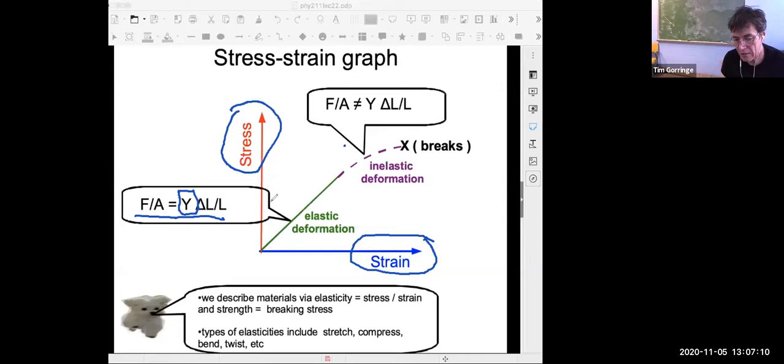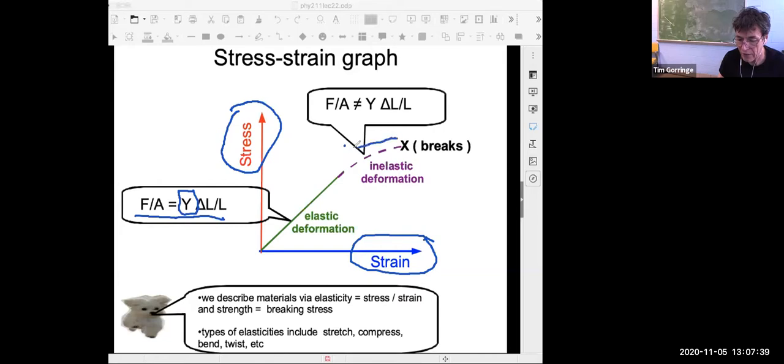Now, there's a very interesting thing about materials: if you exceed a certain size stress or strain, that model of the stretching or compressing of the material as stretching or compressing of a spring actually collapses, breaks down. And you no longer get that relationship between the stress and the strain.